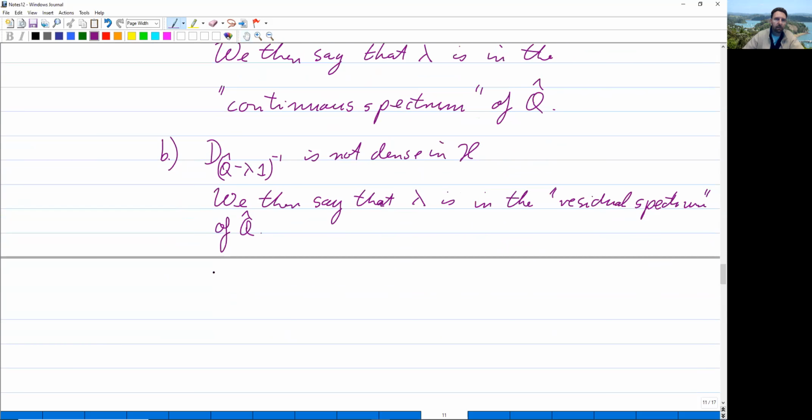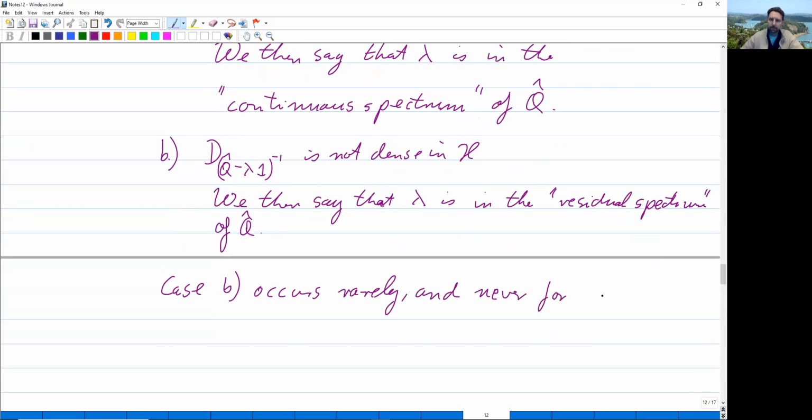Case B occurs rarely and never for unitary and for self-adjoint operators.